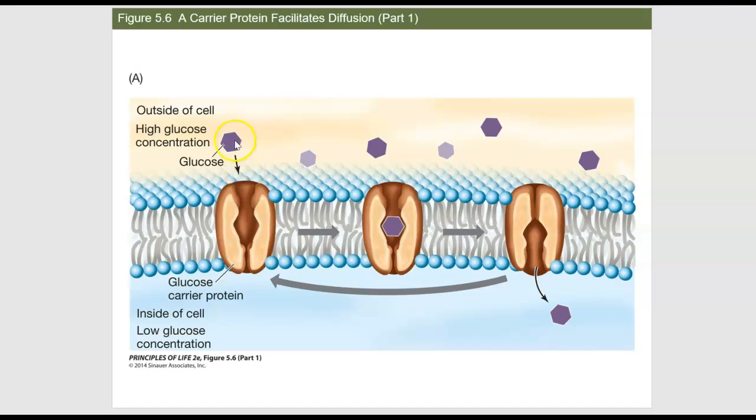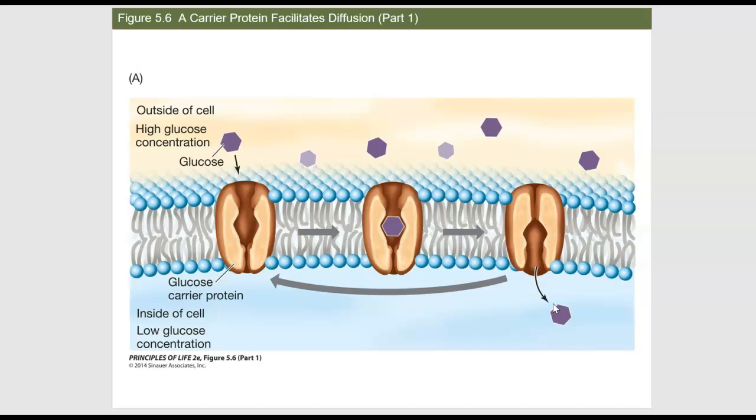Here it is. Glucose comes in. Glucose binds, and notice what happens here. This is closed on the inside of the cell, the intracellular side, but when it binds, we get the movement down. This causes this to come in, and then it spits it out on the interior.